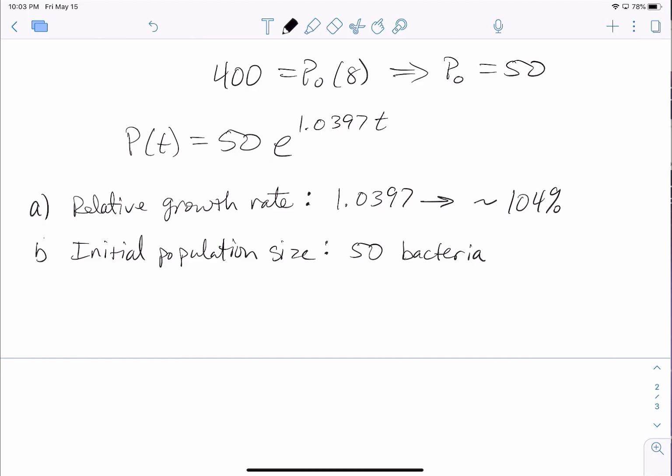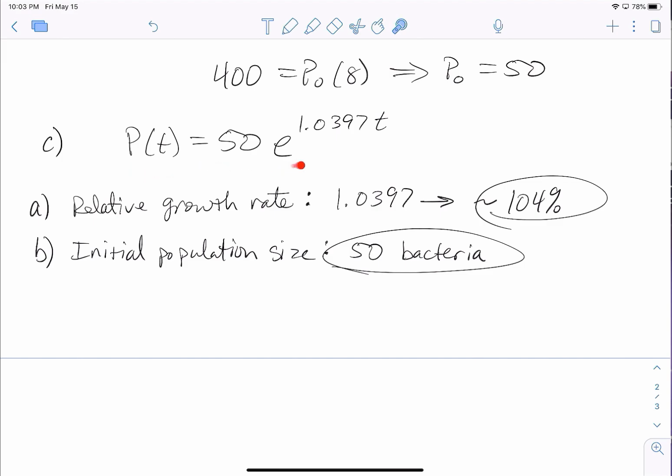Initial population size, that's part B, about 50 bacteria. So let me circle those. And then the population after time T, that's our P of T is equal to 50 times e to the 1.0397 T. And so we found those by accident just by exploring the information that they gave us.